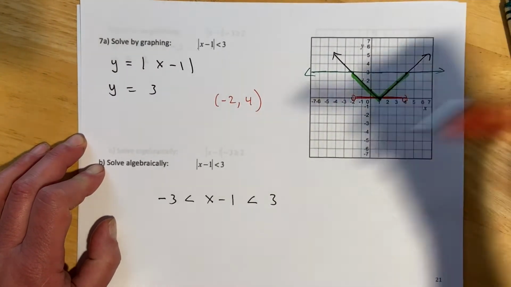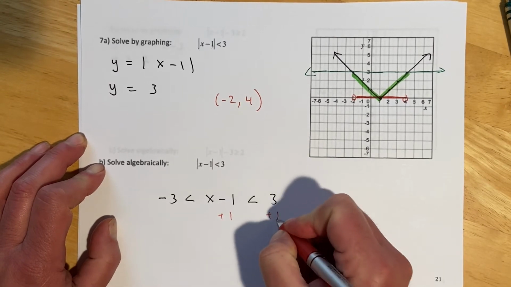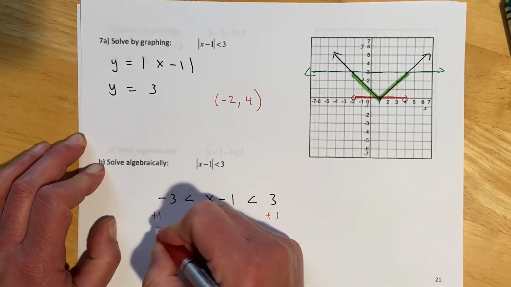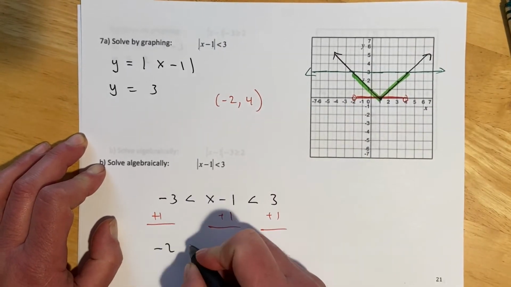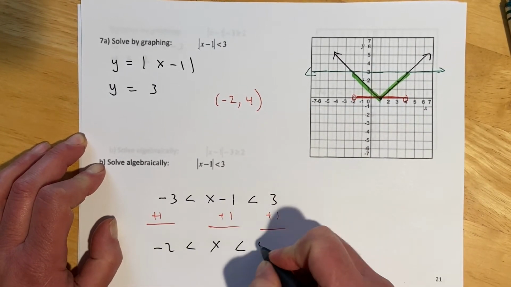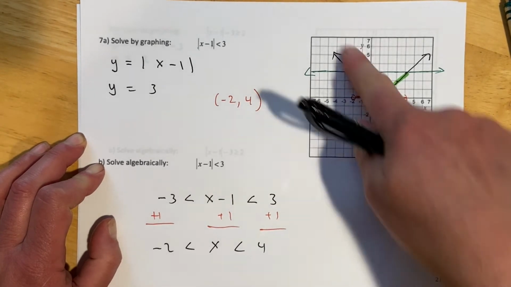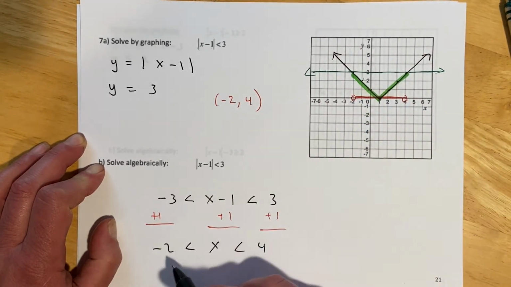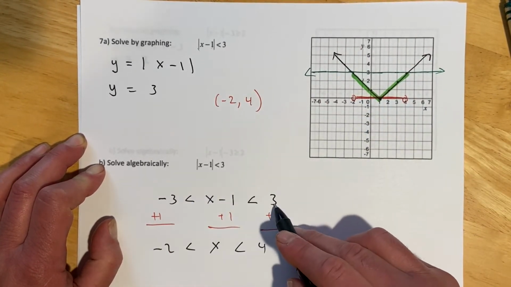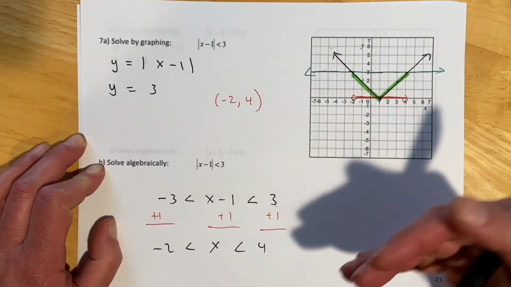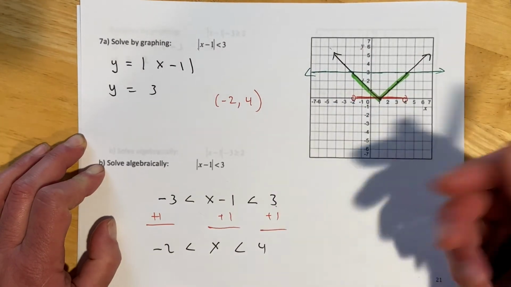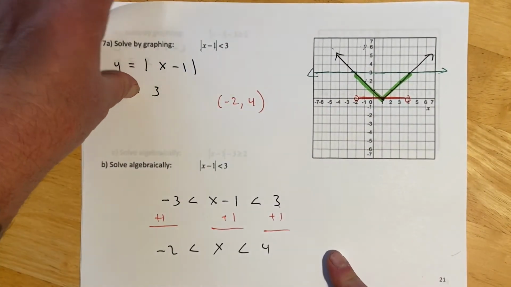And you can see if I just add the 1 everywhere, I get -2 is less than x is less than 4, which is much easier than doing all this drawing and stuff. But the reason that we're setting this up between the 3's is because we're looking for where this function is going to be below, or stay below, 3.